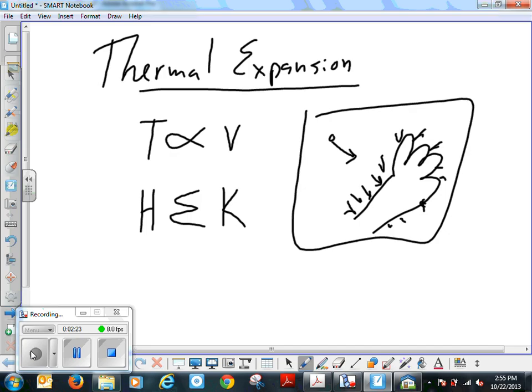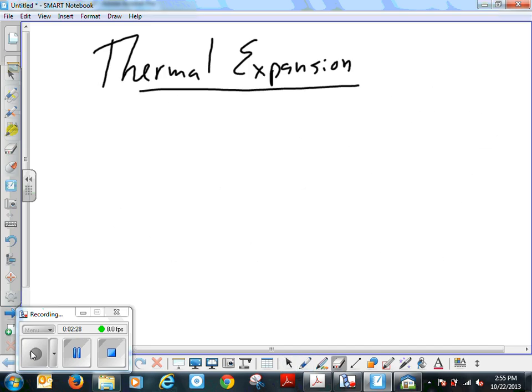Okay, so we talked about thermal expansion. Like what you just saw today, I had the hole and then the ball, and I heated up the ball with that propane torch, and the ball got bigger. It expanded, because as particles started moving faster and faster, they needed more space, more elbow room.